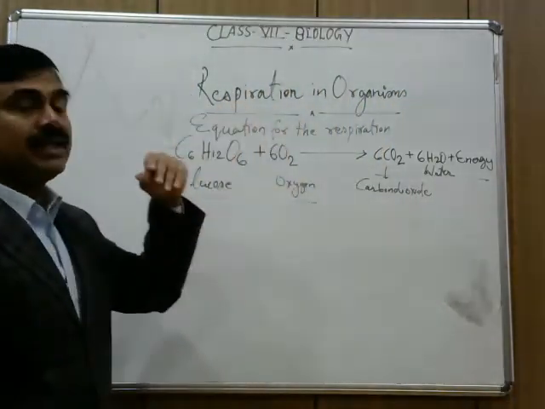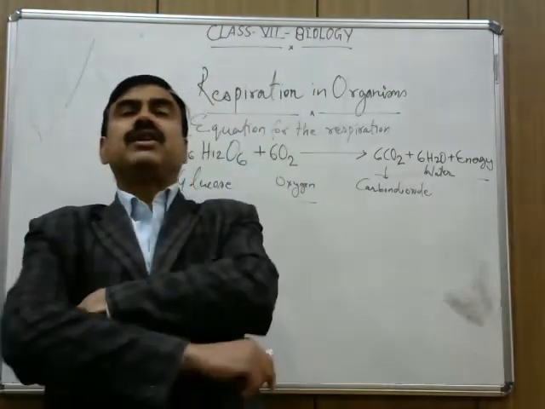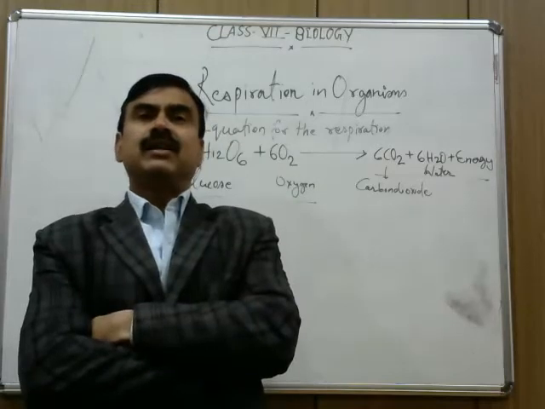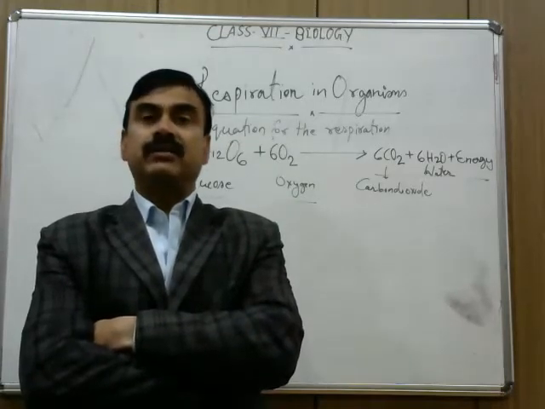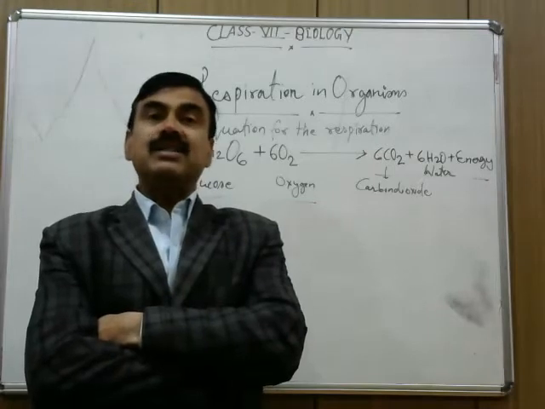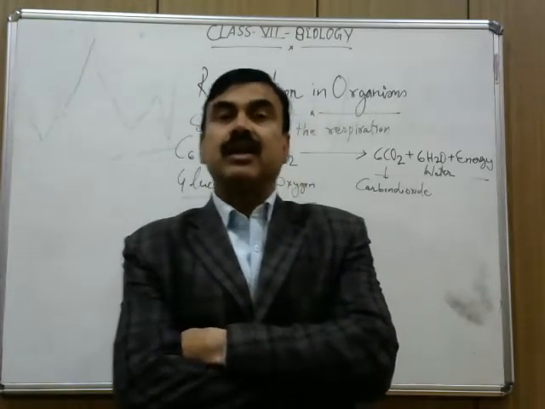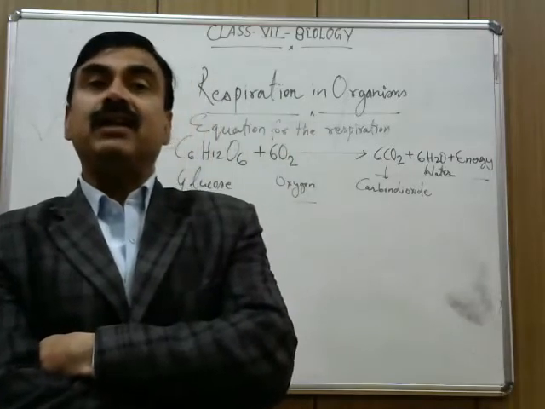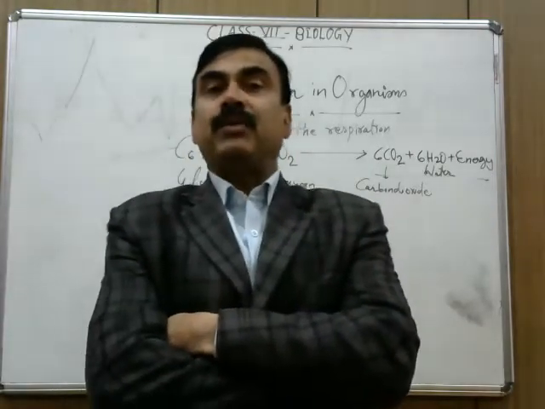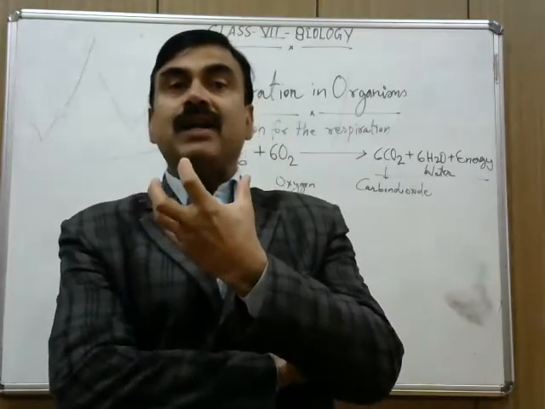For respiration, in our body there are organs which are involved in respiration. Like in the corona pandemic disease, which organ is very much affected? The respiratory organ, the lungs. We fail to breathe. There is a problem in breathing. So our lungs are the main respiratory organ.